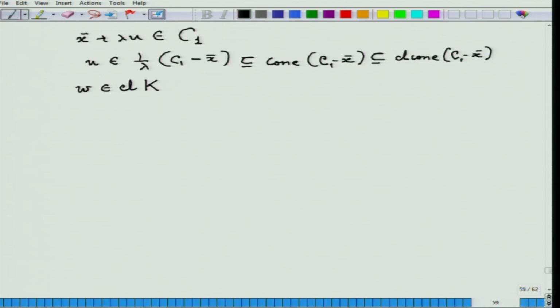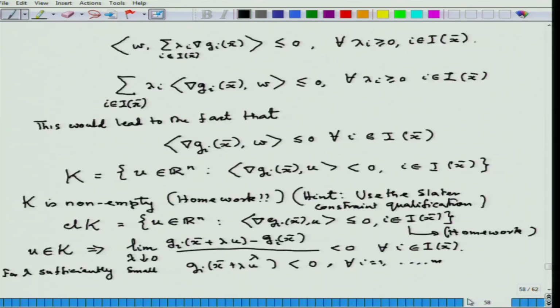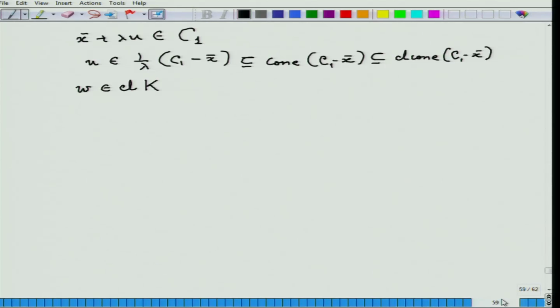one has to note something, that is the following: what is the closure of K? I take any u in K, and for any u I take in K, this is what is happening. So, naturally, if u is in the cone of this, then it is in the closure of K. So, what I am finding is that K is a subset of the cone of this.